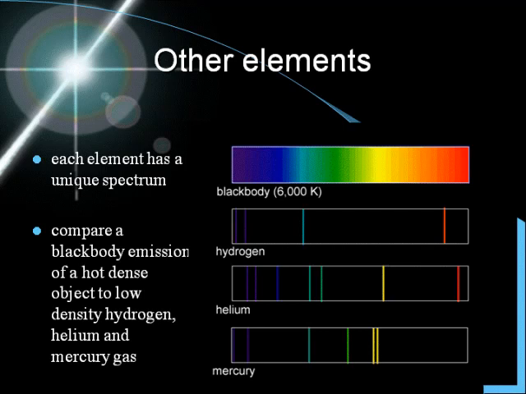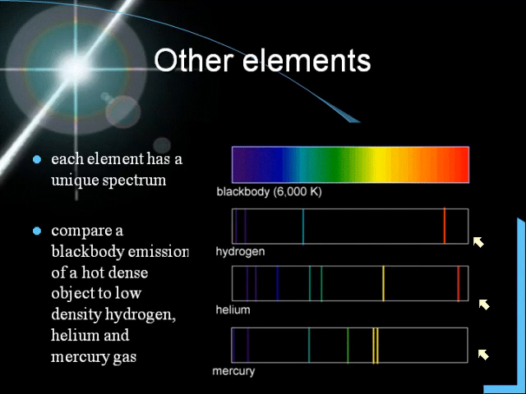So, again, looking at this, we can see hydrogen has its own set of lines. Helium's a little bit different. More lines are present. Mercury, fluorescent bulbs, and some of the bluer tinted streetlights contain mercury in them.